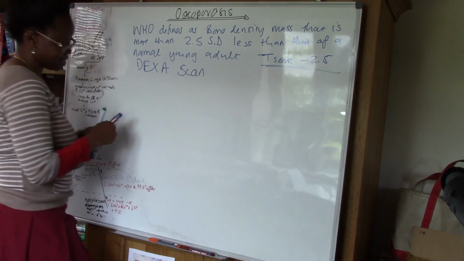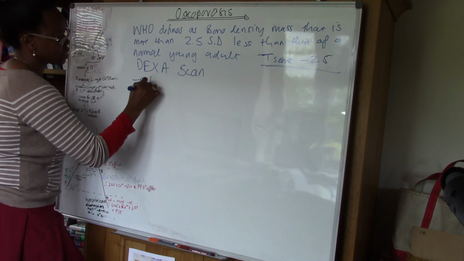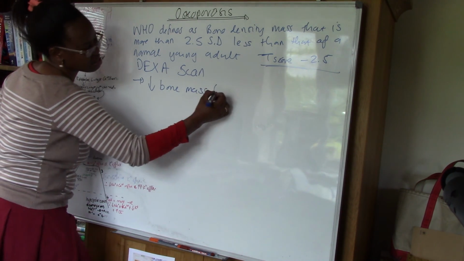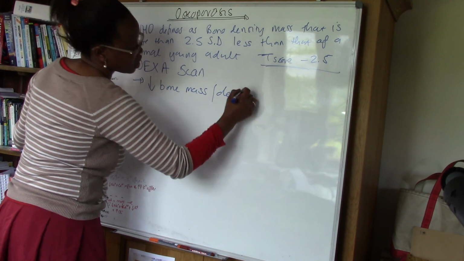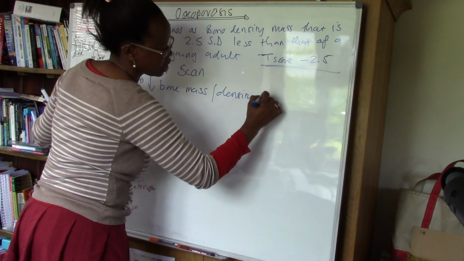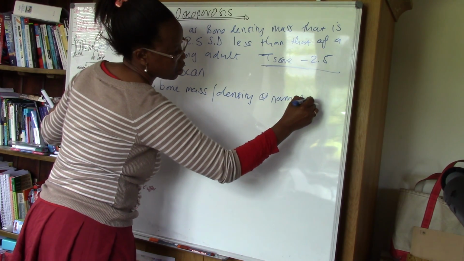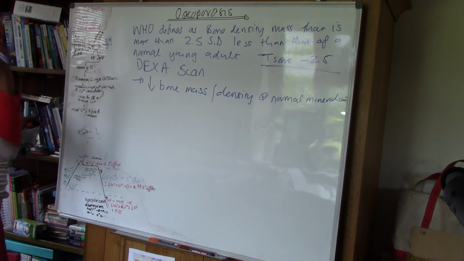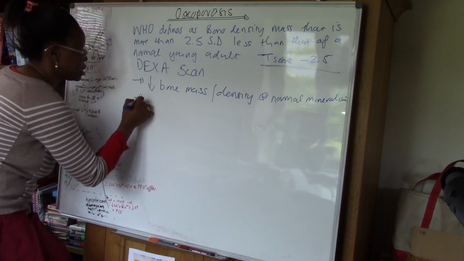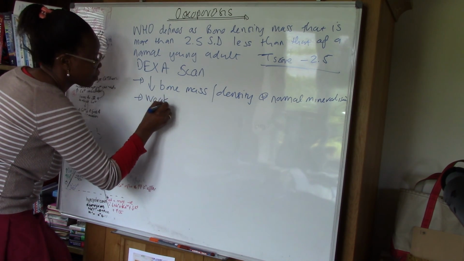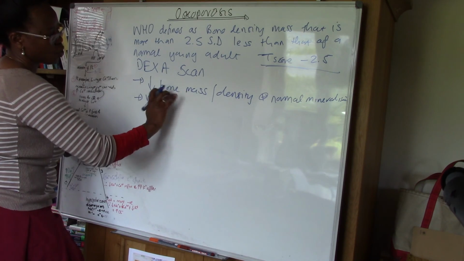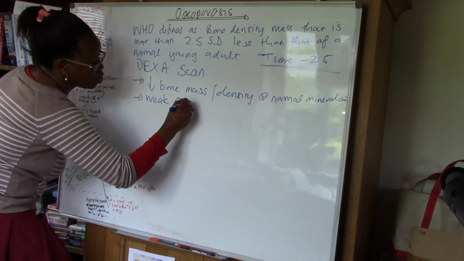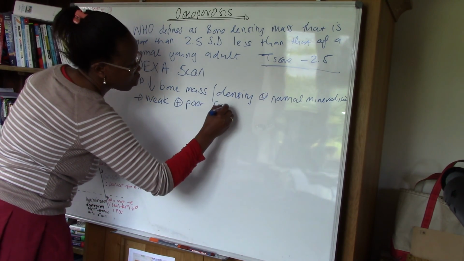So osteoporosis really is defined as loss of bone mass or bone density, where mineralization is usually normal. What really happens in osteoporosis is that the bones become weak due to that loss of mass, and the weakness is due to poor remodeling.